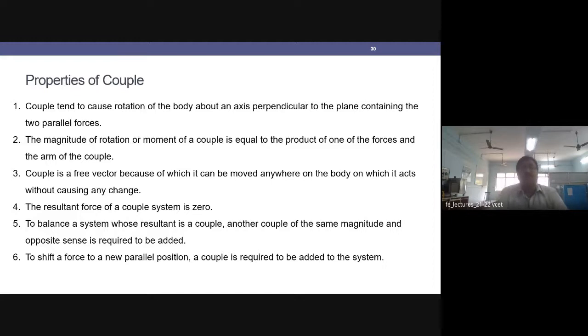Then, to shift a force to a new position, a couple is required to be added to the system. That is what we'll be seeing in the next few minutes.